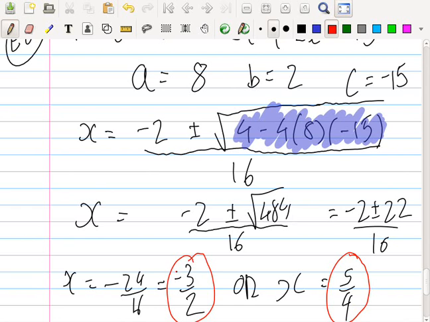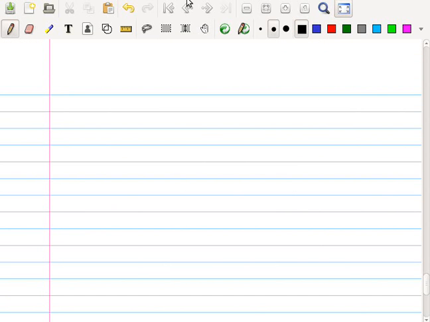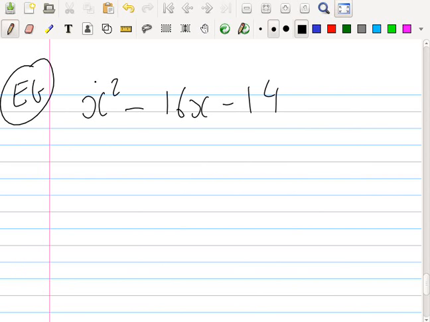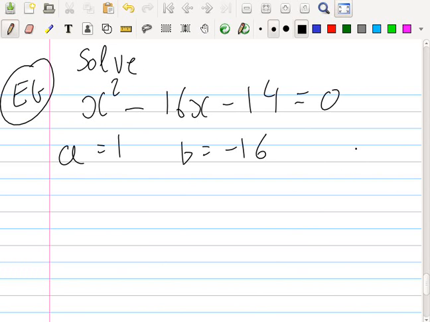Okay, next example now. Same thing really. X squared minus 16x minus 14. I want to solve this. So a equals 1, b equals minus 16, and c equals minus 14.